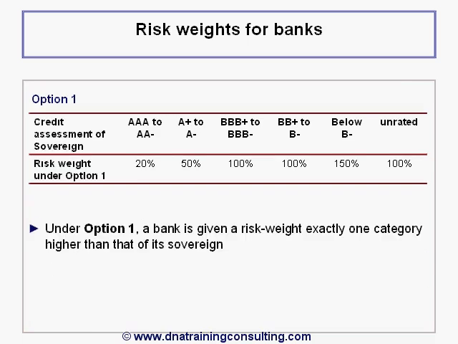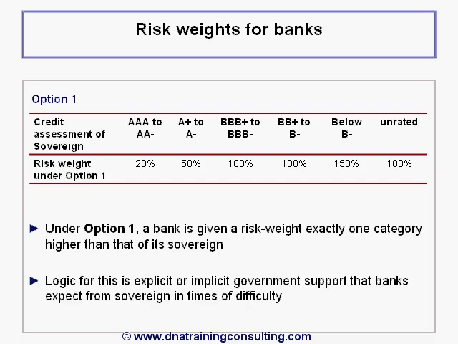Under option 1, a bank is quite simply given a risk weight exactly one category higher than that of its sovereign. The logic for this being the explicit or implicit government support that banks expect from the sovereign in times of difficulty.